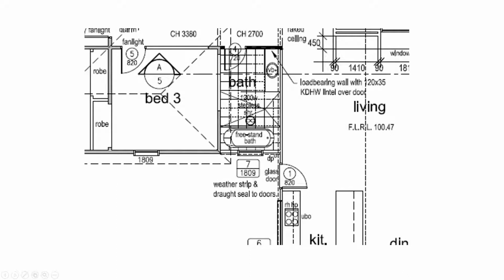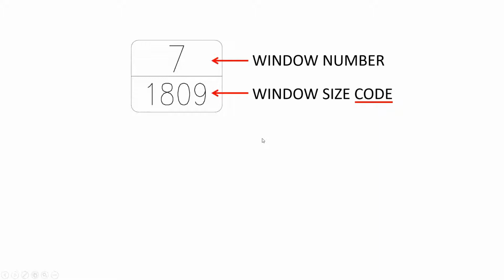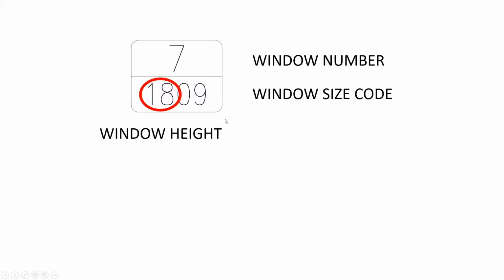So back to the alteration and addition floor plan, we might just zoom in on the bathroom here, and we'll have a look at the window tag, and I'll explain that to you. On the window tag, up the top we have the window number, and then down the bottom we have the window size, which is a code. Let's explain the code.